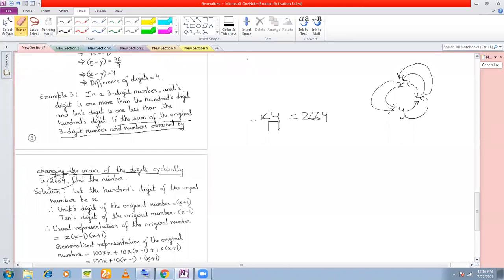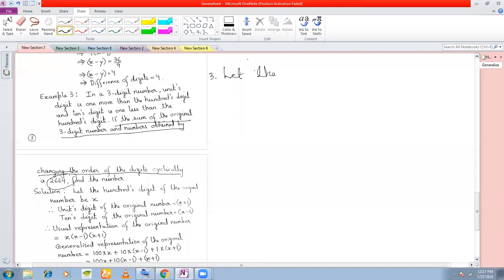Okay. So I start by taking the original number as XYZ. Let the hundreds digit of the original number be X. Okay, let the hundreds digit be X. So what is given here?